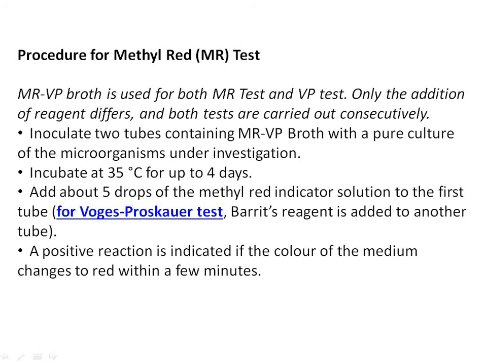Then incubate at 35 degrees centigrade for up to 4 days. Add 5 drops of methyl red indicator solution to the first tube. A positive reaction is indicated if the color of the medium changes to red within a few minutes.